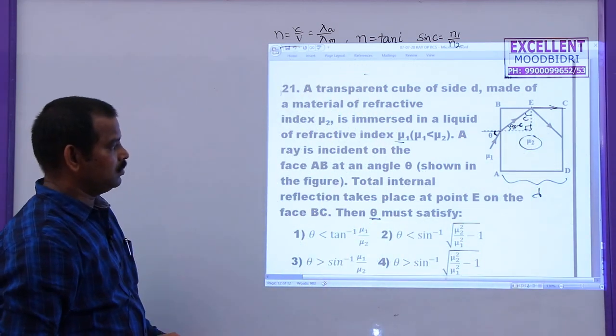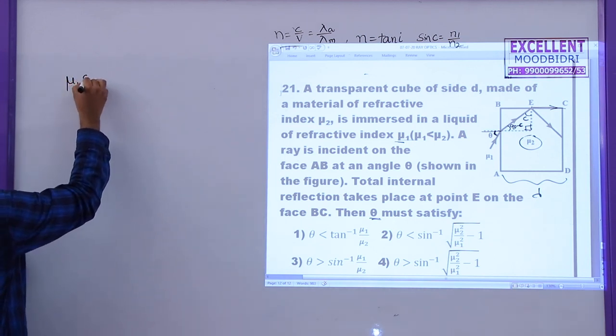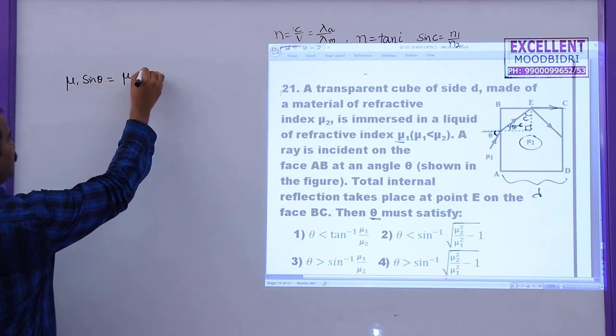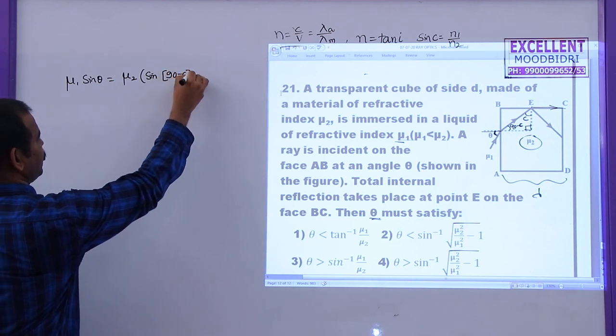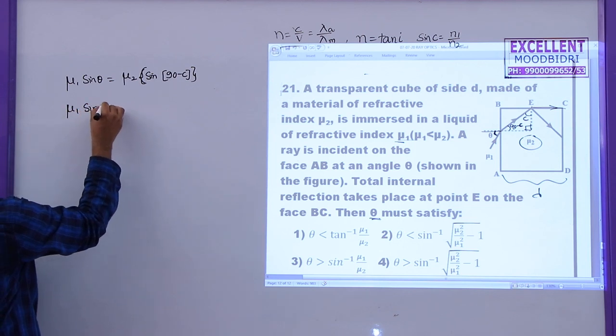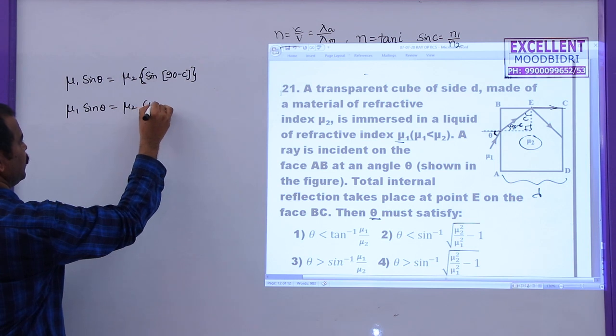So by using the general form of Snell's law, refractive index of a medium into sine of the angle in that medium is equal to refractive index of the denser medium into sine of the angle in that medium, which is 90 minus C. So we can write mu1 sin theta is equal to mu2 sin of 90 minus C, which will become cos C.